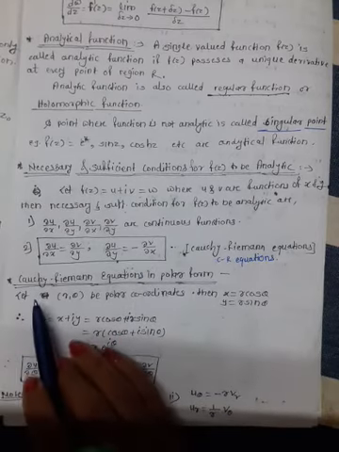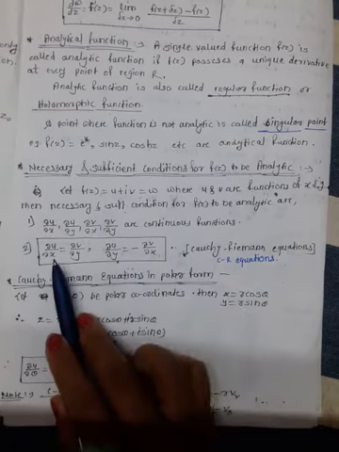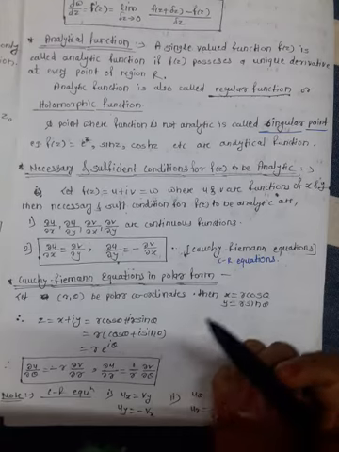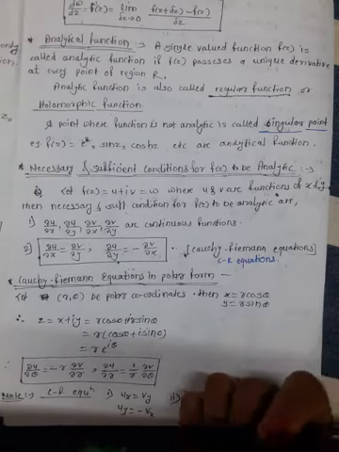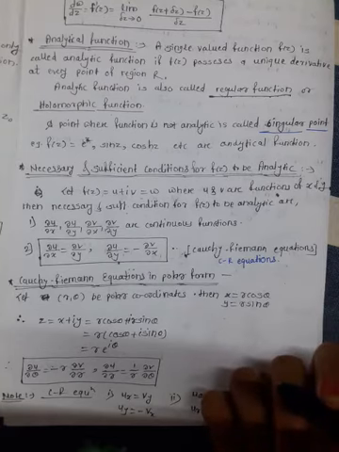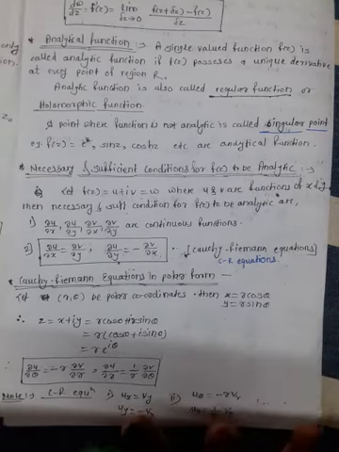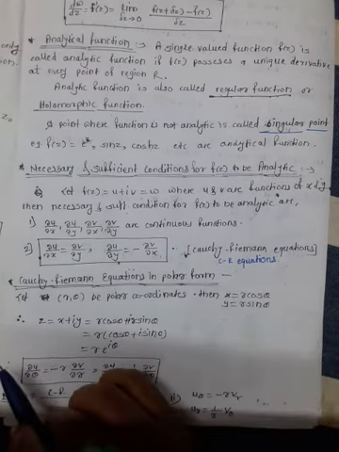Now these are the Cauchy-Riemann equations or CR equations in Cartesian form. What are the Cartesian and polar forms? Cartesian form is where x and y variables are there, and the polar form consists of r and theta variables. Okay, these are the most visible differences between those two forms.